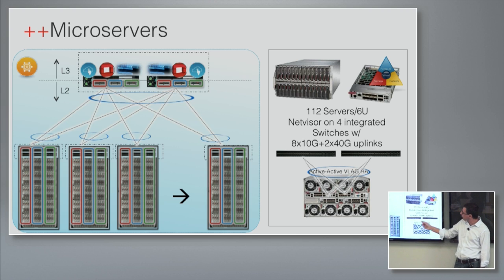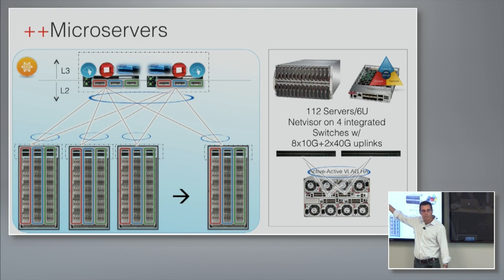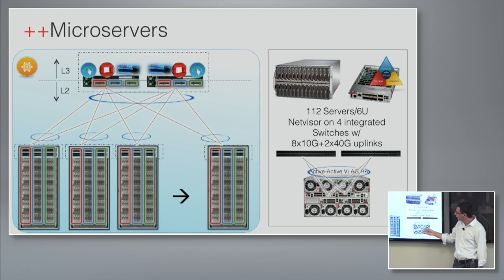And on the back, there are 4 switches. Each switch is running an Alta chip, and those 4 switches can be connected through active-active multi-chassis LAG to top of racks. That's the example here. Now the same virtualization, the same OpenStack that we discussed, can be extended all the way down inside the rack to the microblade chassis.